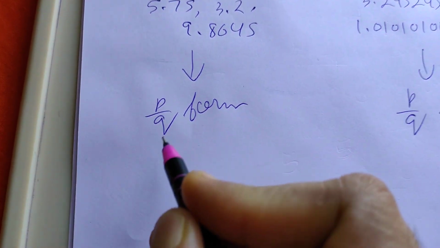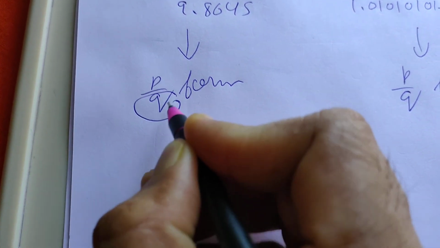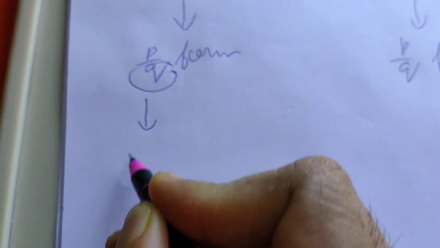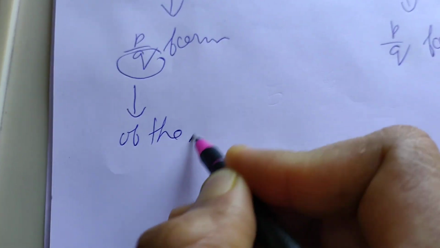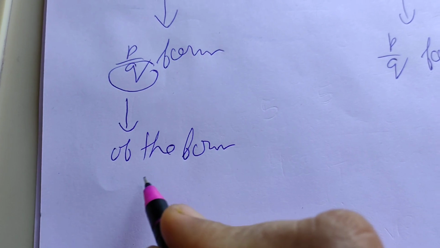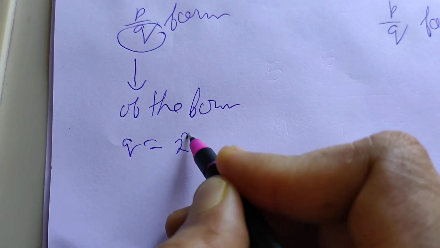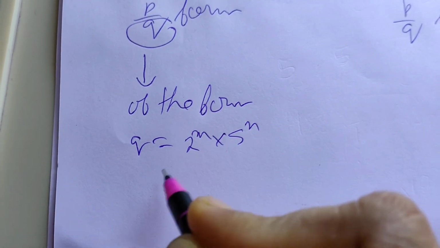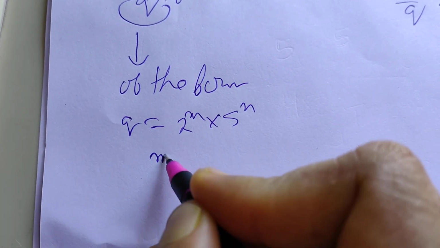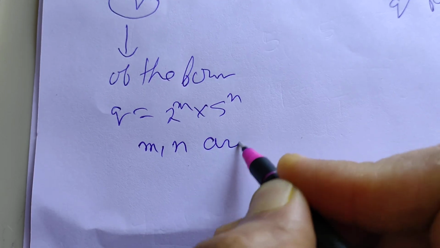Now for terminating decimal expansion, this q will be of the form q equal to 2 raised to m into 5 raised to n, where m, n are whole numbers.